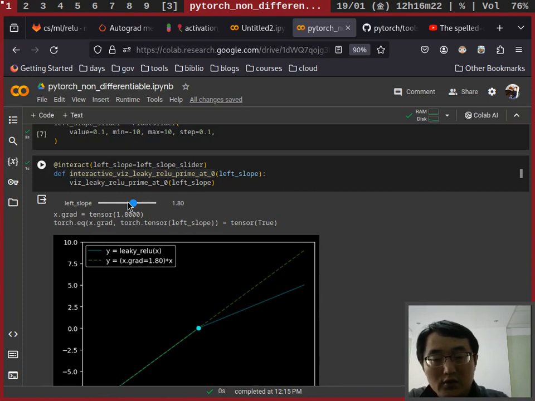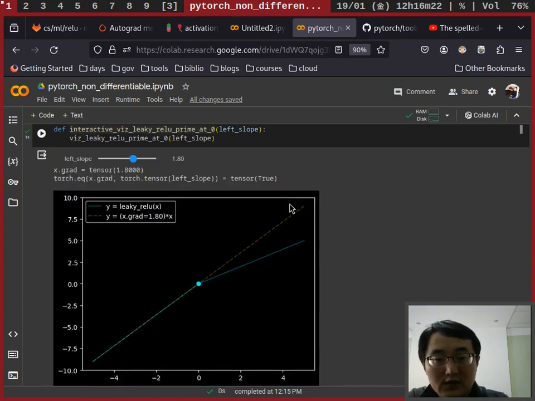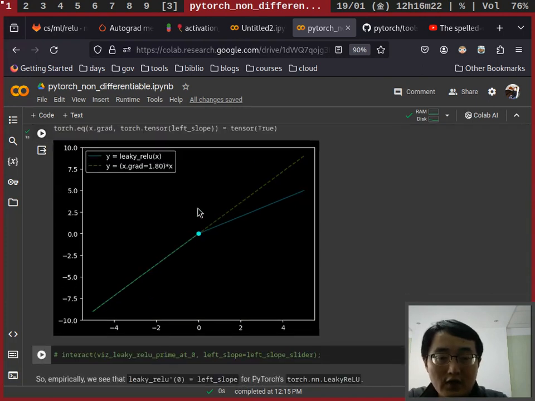So we see that here PyTorch gives the subgradient at this point 0, that is, 0 as the left slope. But if you are careful, you will find that actually this is not the supergradient of minimum norm, excuse me.